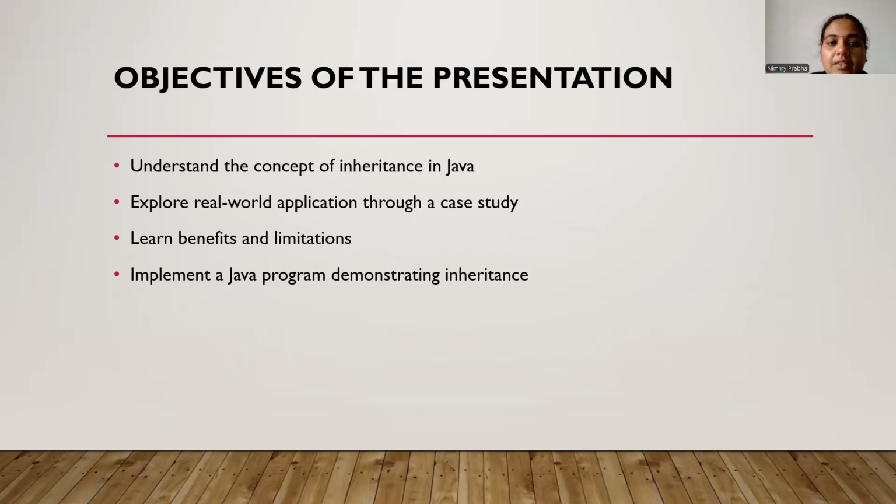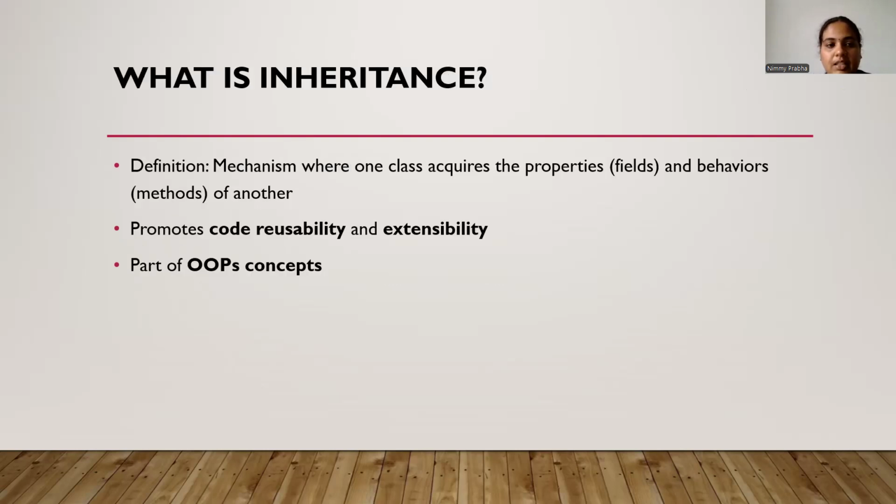Before that, we will go through our introduction, like what we are doing in this video. So, understand the concept of inheritance and explore the real world application through a case study. Here we will also discuss the benefits and limitations of inheritance.